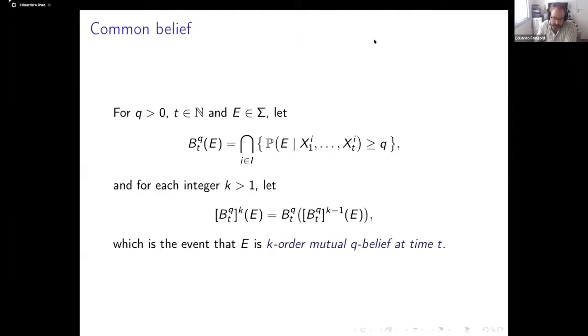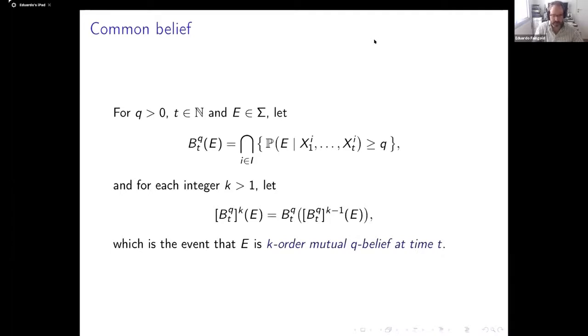We say that an event E is mutual q-believed at time t if every agent assigns probability at least q to this event E, given their private history of signals.